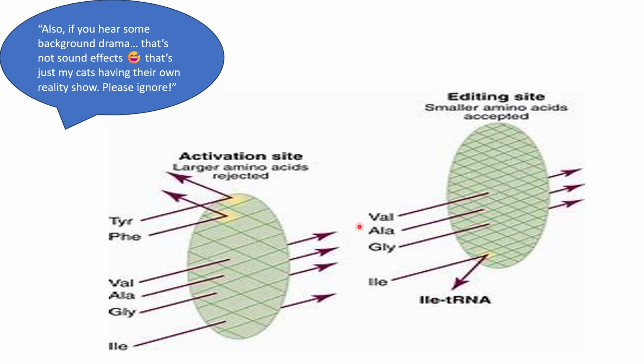However, the correct aminoacyl-tRNA, that is isoleucyl-tRNA, will never fall into the editing site and therefore is prevented from getting hydrolyzed, and is released as the final product aminoacyl-tRNA. This isoleucyl-tRNA can now participate in protein synthesis. So this is how the double sieve mechanism works. So error correction is done.